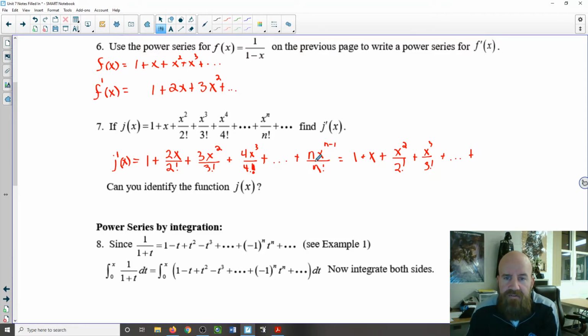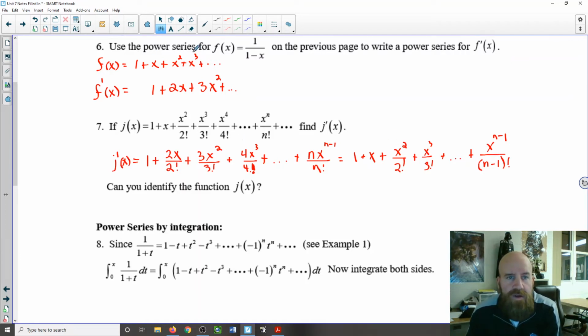The n's would cancel, so we're going to be left with, think about what the next smallest term on the bottom is for n factorial. We've worked with that a little bit. That's going to be n minus 1 factorial, and then x to the n minus 1.